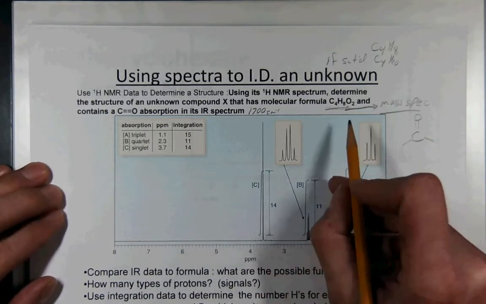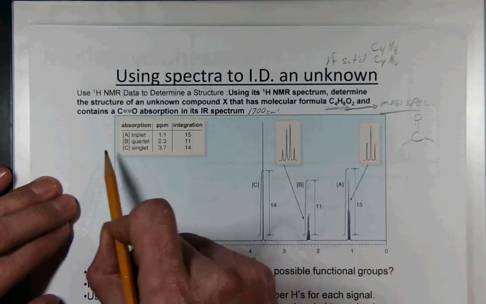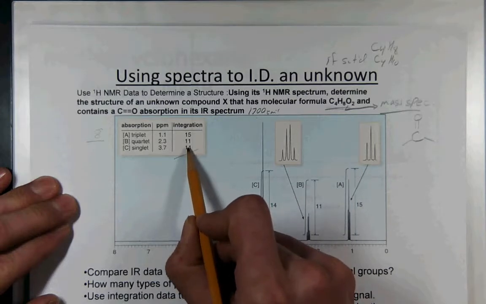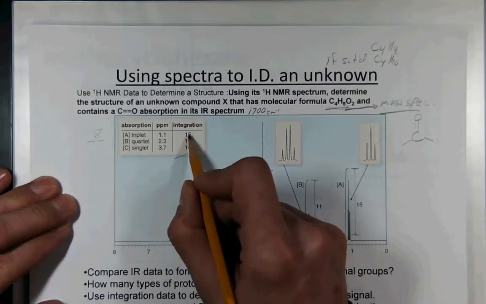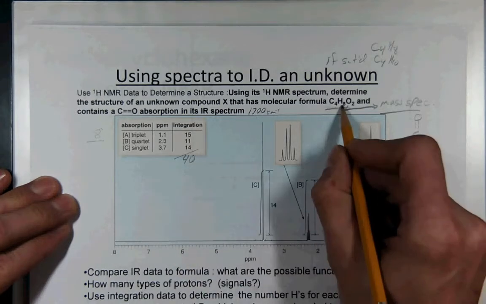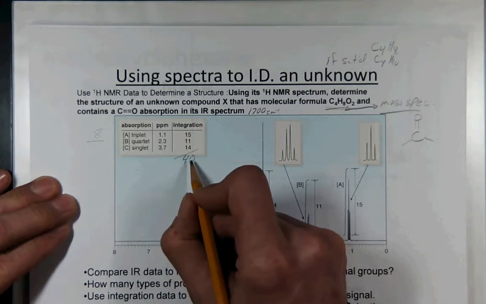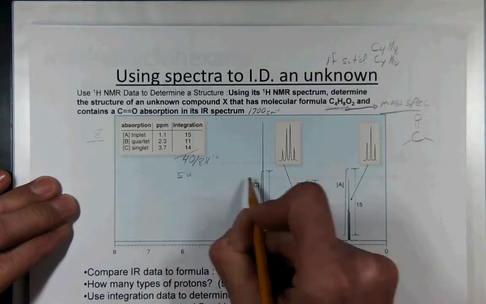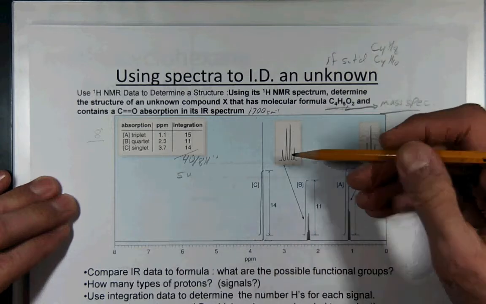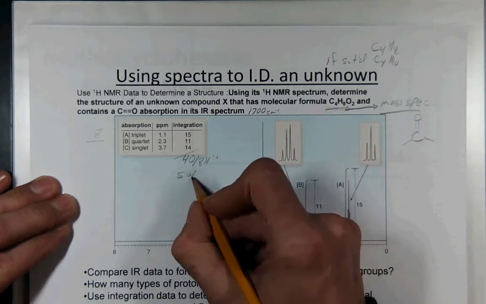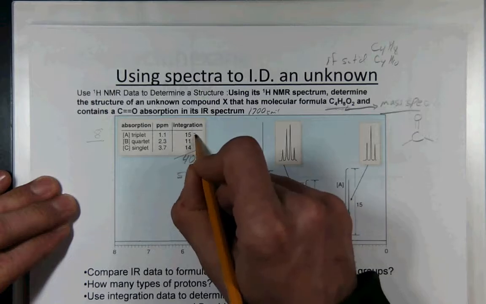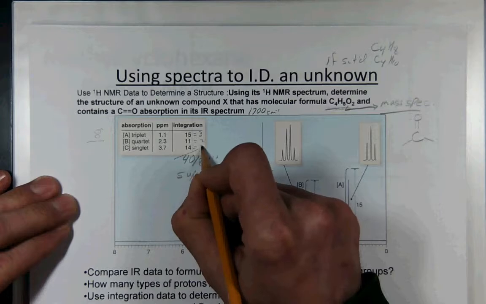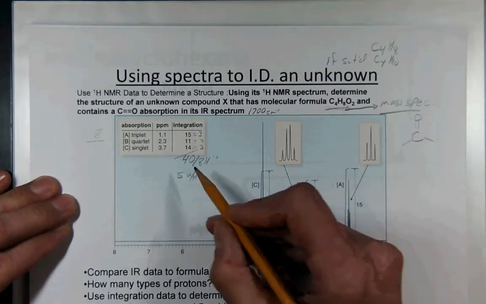Okay. So H8, we've got 8 protons to deal with. If we look at the integration data, 15 plus 11 plus 14, this becomes 40, and there's 8 hydrogens. So that's 5 units of amplitude here per hydrogen. So that means 15 is equal to 3, 5 is equal to 2, 4 is also equal to 3. And that gets our 8 hydrogens.